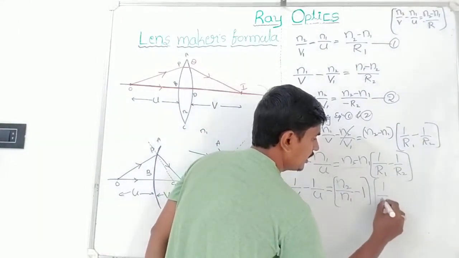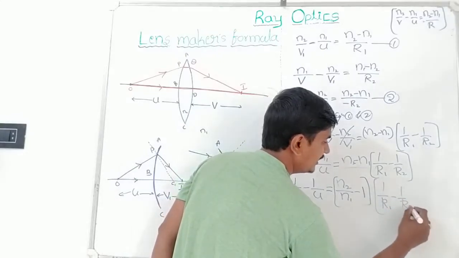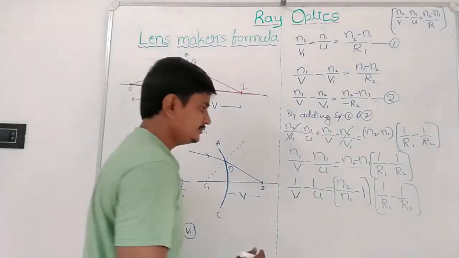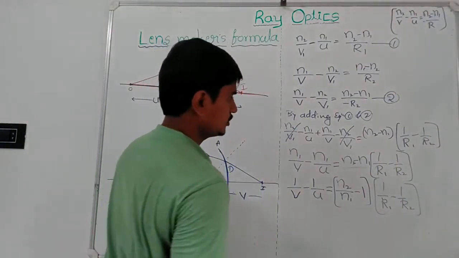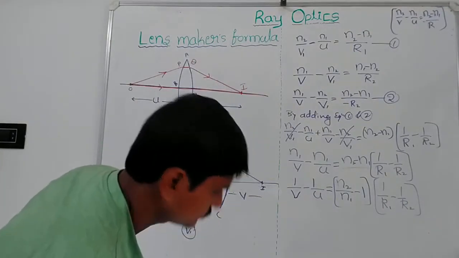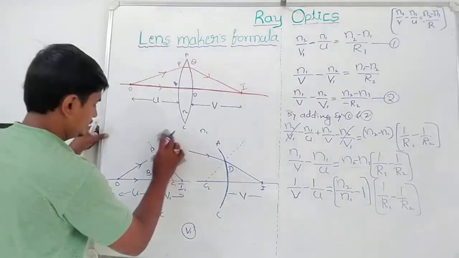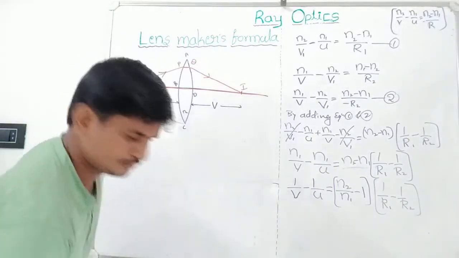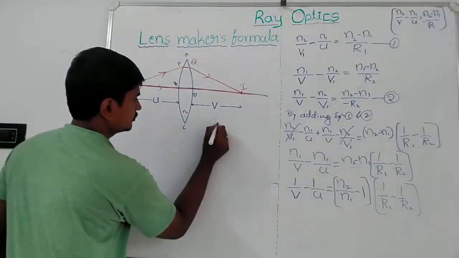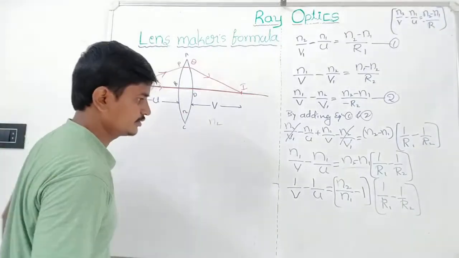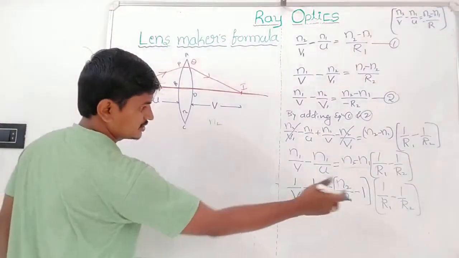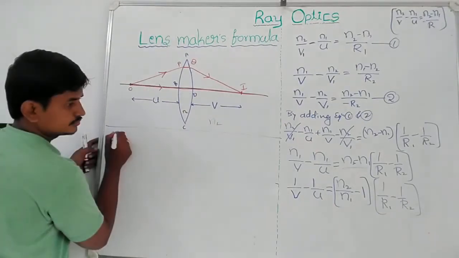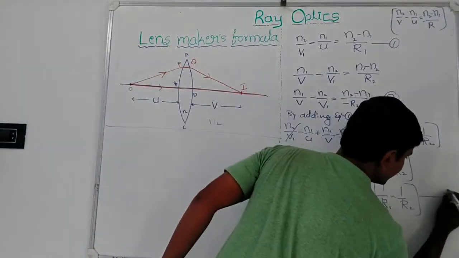Remaining terms are 1 by R1 minus 1 divided by R2. See, now this equation becomes, this is equation number 3.